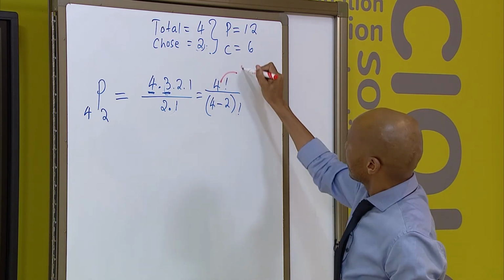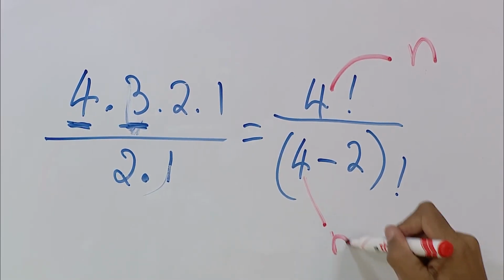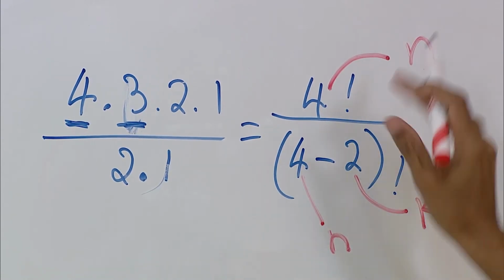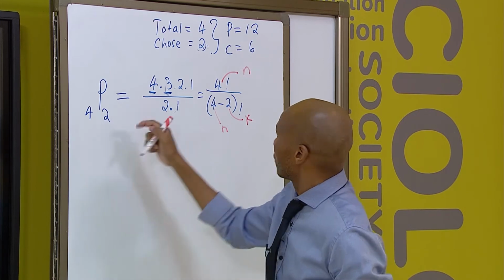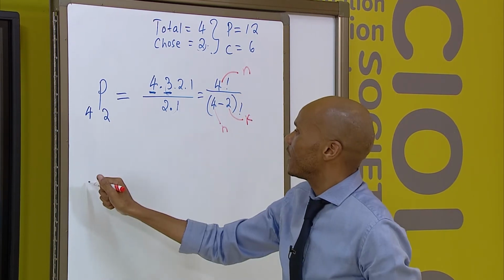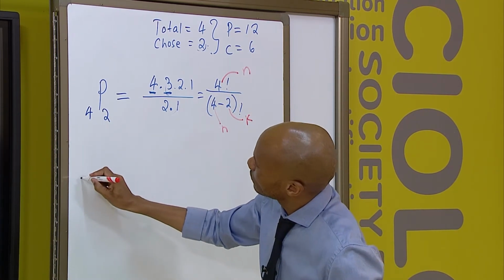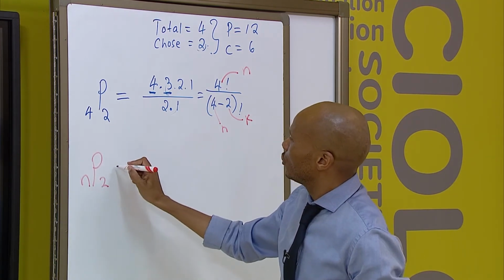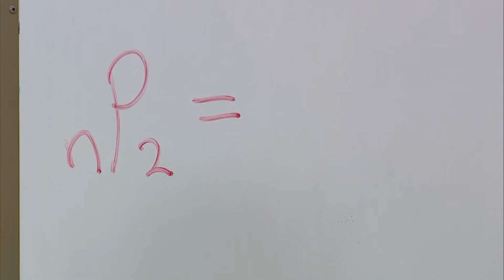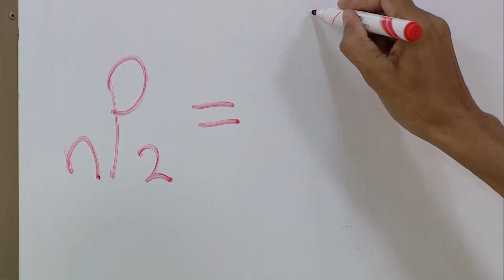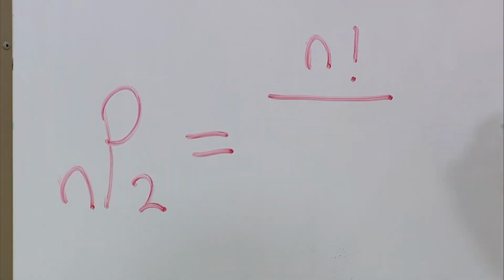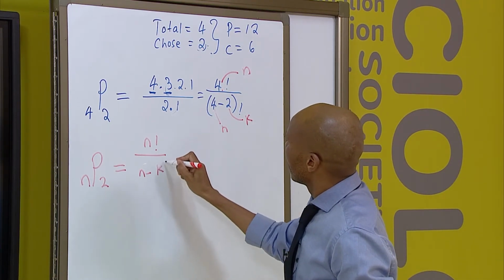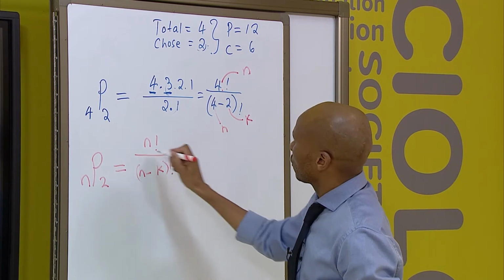But let's use it. Let's give this n, and that will be n there, and let's give that k. And now we're going to use variables here. We know that the total that you're given is n. You pick k. That will be n factorial divided by n minus k factorial.